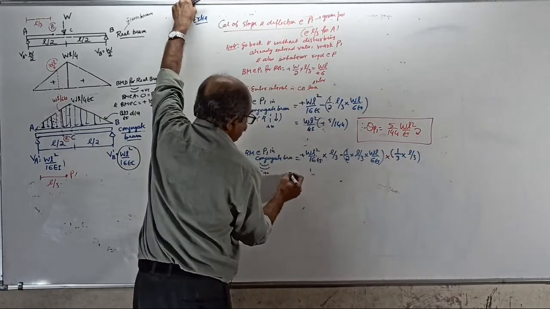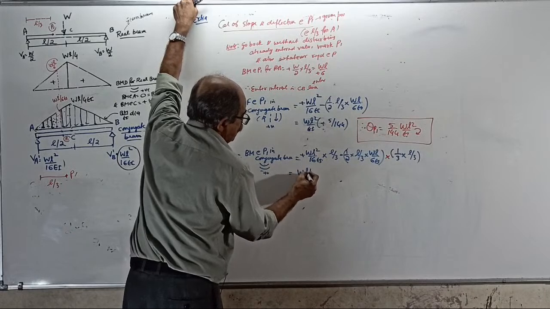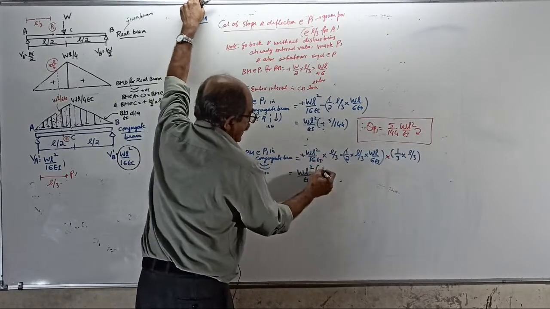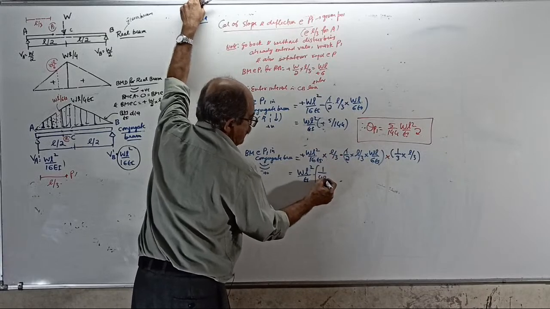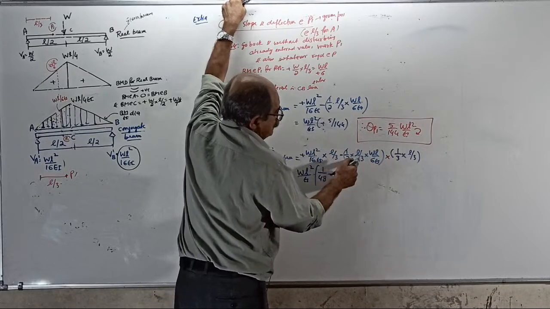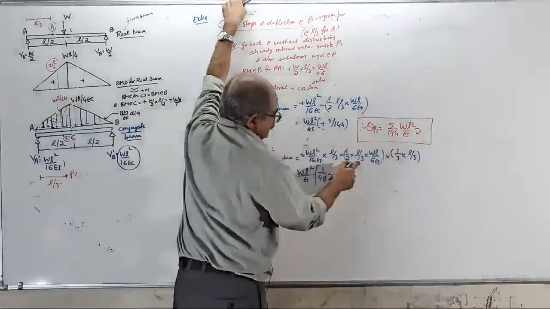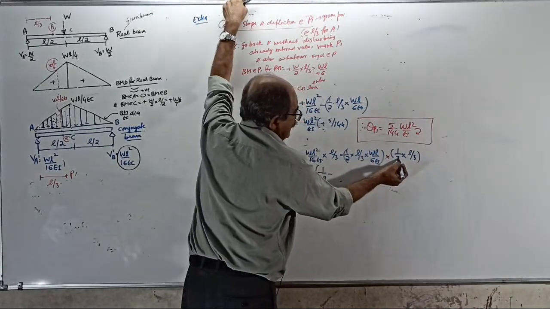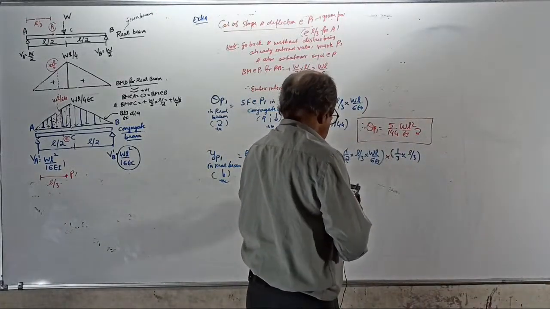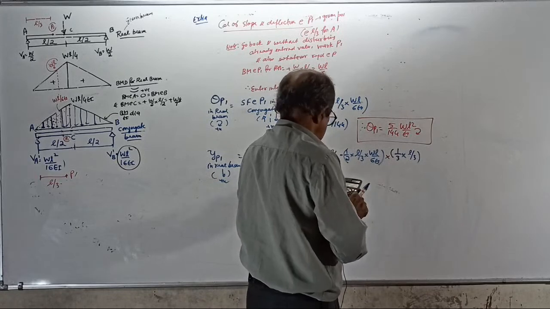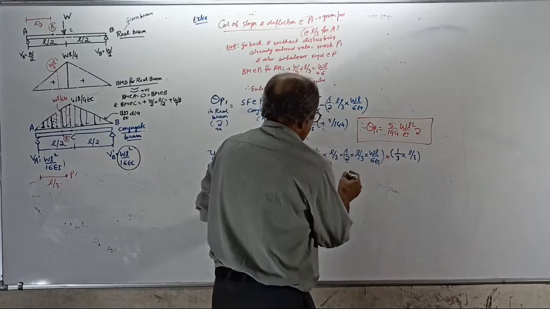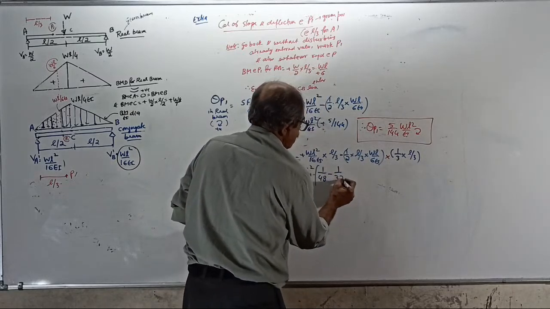If you calculate, it will come WL square by EI times 1 by 48 minus, calculate half into 2 into 3, 6, so 3 into 3, 9. Who will calculate this one? 2 into 3 into 6 into 3 into 3, 1 by 324.